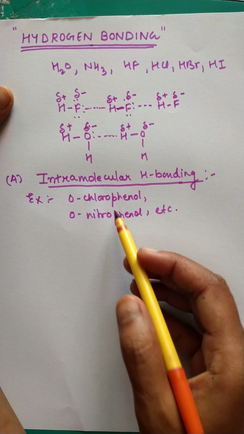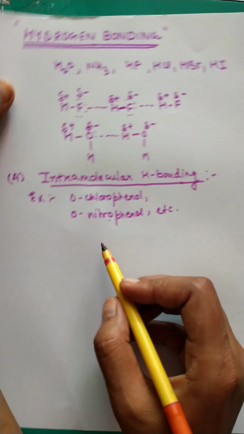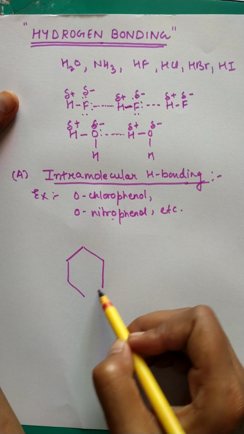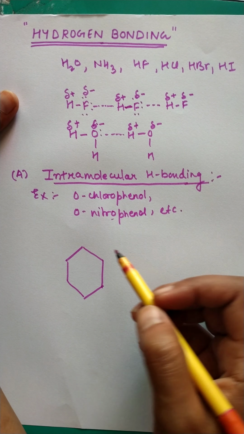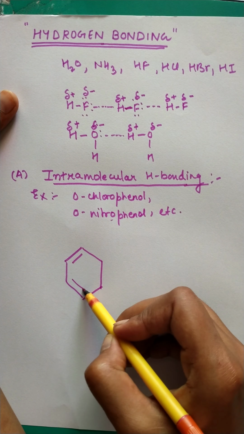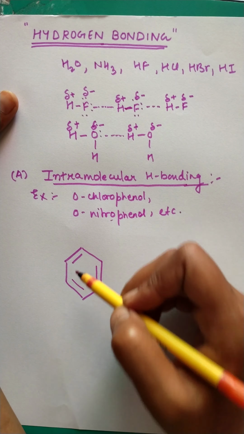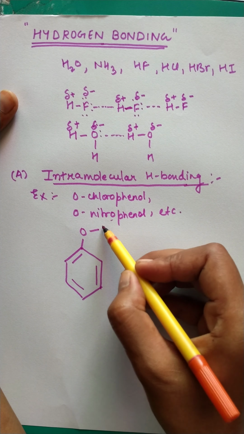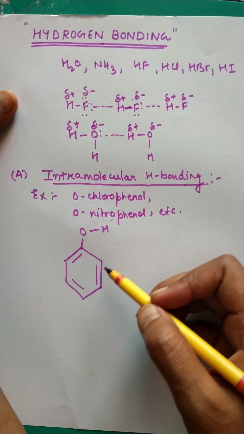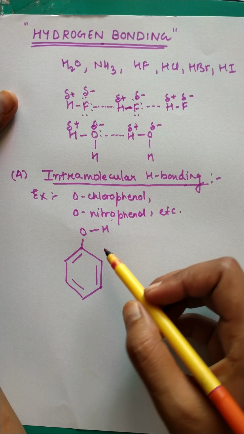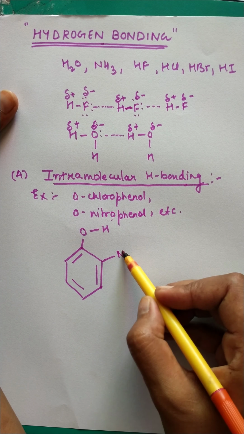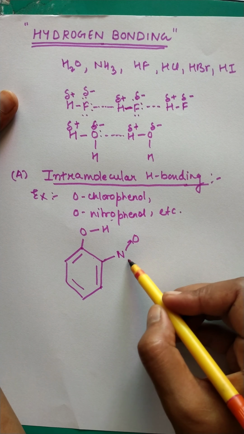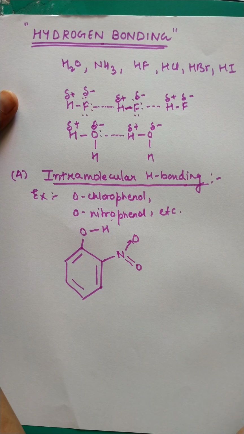Let's take the example of ortho nitrophenol. This is the structure of ortho nitrophenol. This is the benzene ring, and on this ring this is the phenol OH, and at the ortho position the nitro group is there, like this. So this is the phenol group and this is the nitro group.